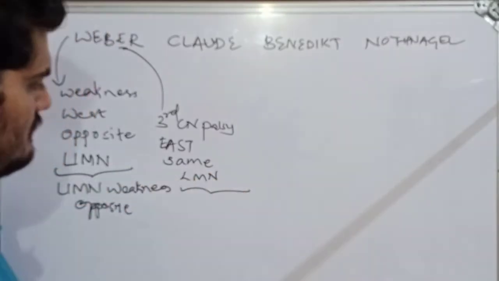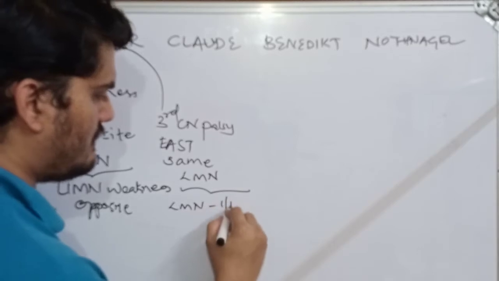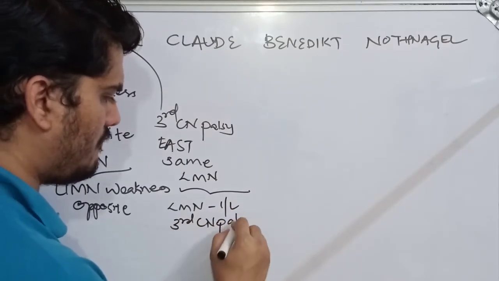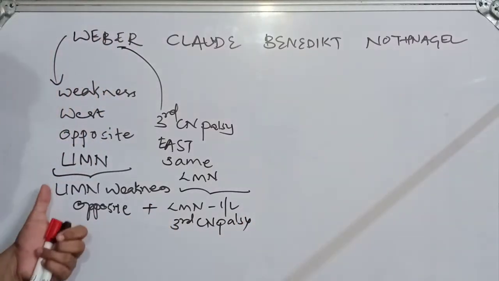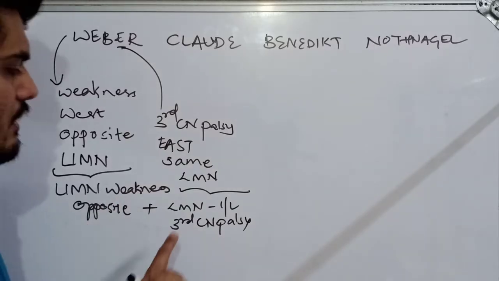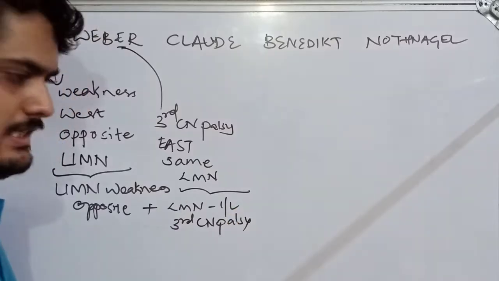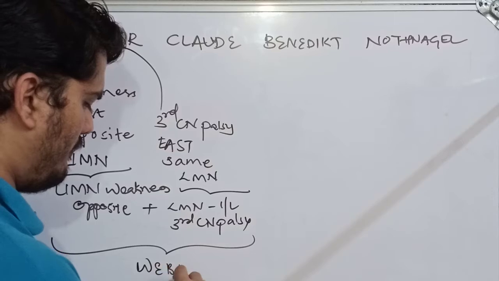If I complete the sentence, it becomes LMN type of ipsilateral third cranial nerve palsy. Combining UMN type of weakness on the opposite side and LMN type of third cranial nerve palsy on the ipsilateral side, this completely becomes Weber syndrome.